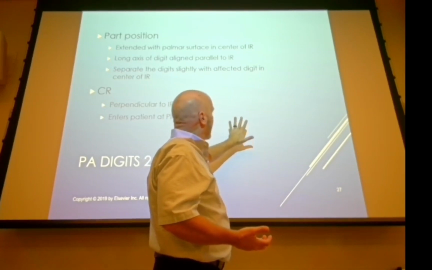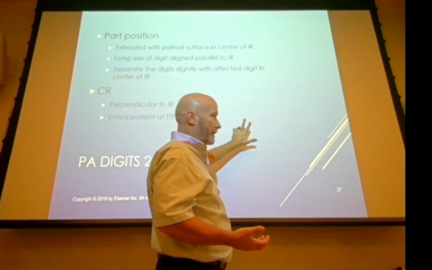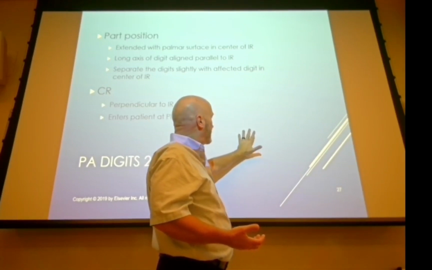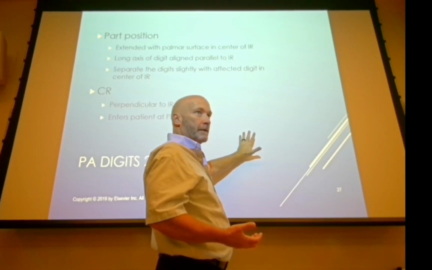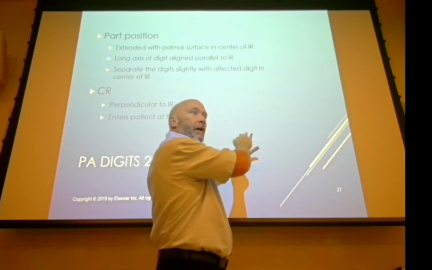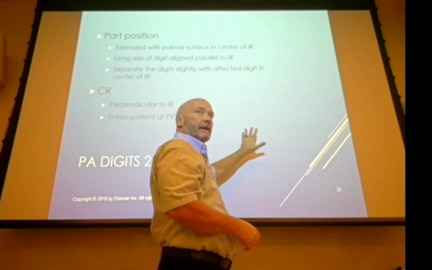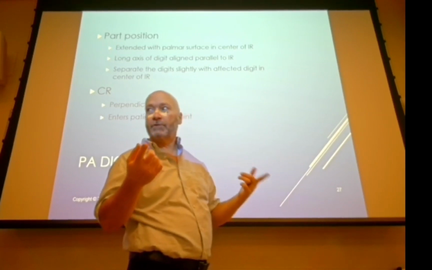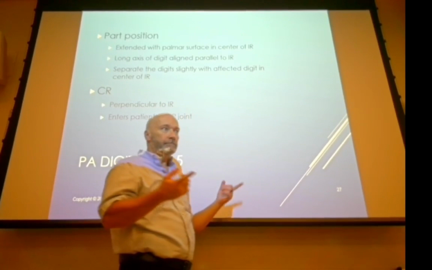So for these two, right, for fourth and fifth, then what we want to rotate towards is the lateral side. Now, why is that? Bingo. We reduce our OID, our object image distance, and we keep the anatomy closer to the image receptor, thereby increasing sharpness of recorded detail.